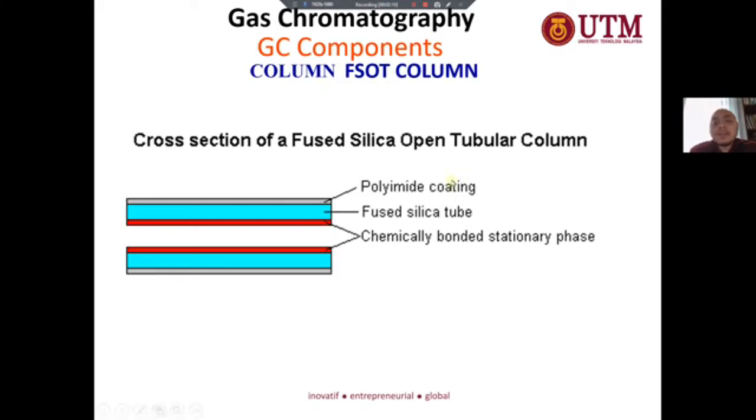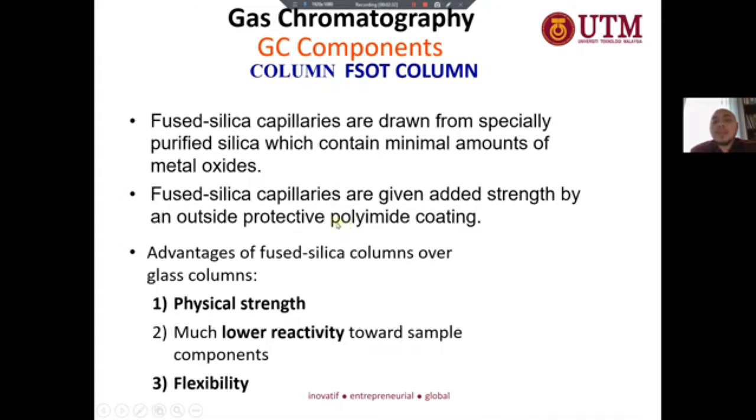In the fused silica open tubular column, here is the fused silica tube, and the wall is covered by the polyamide coating, so it increases the flexibility of the column. Fused silica capillaries are drawn from specially purified silica which contains a minimal amount of metal oxide. They are given added strength by an outside protective polyamide coating.